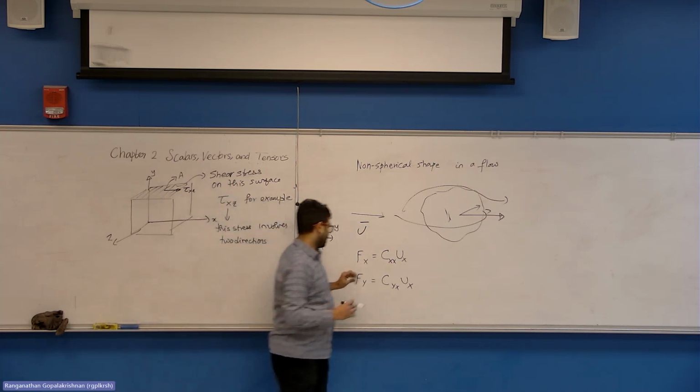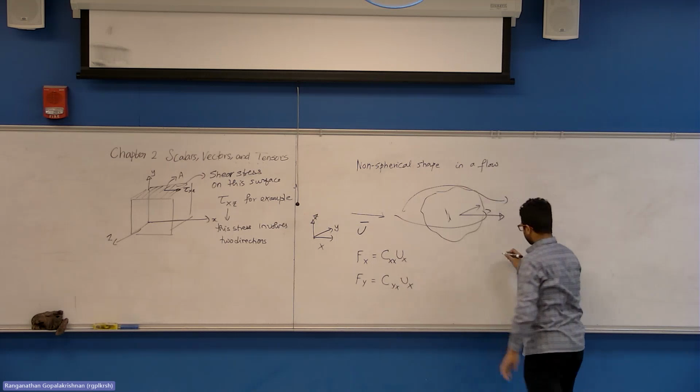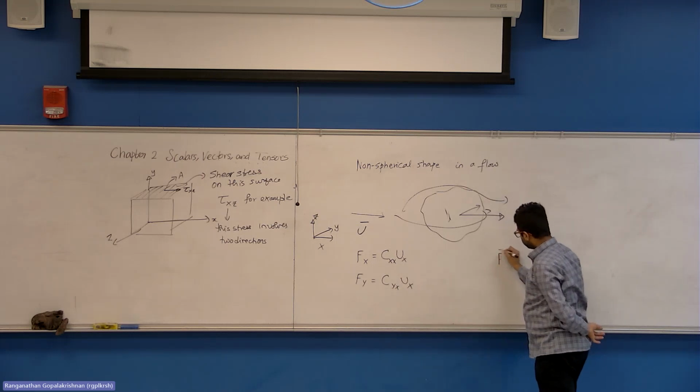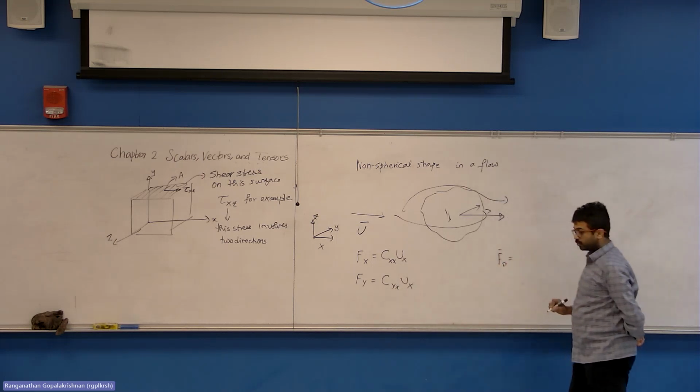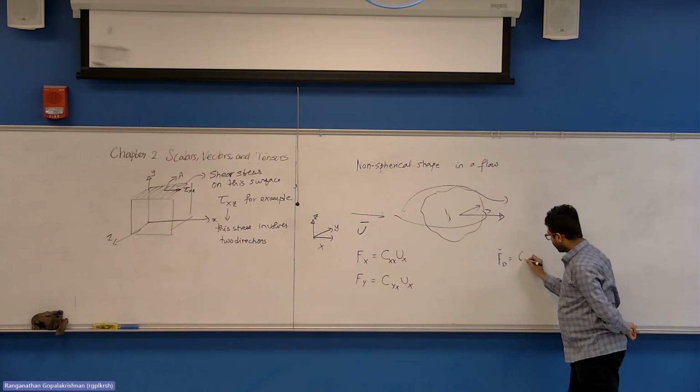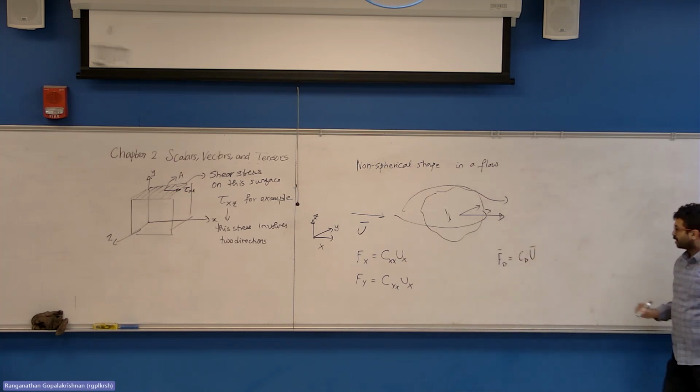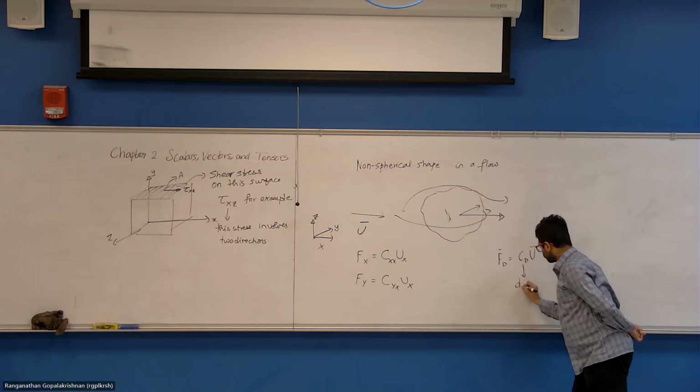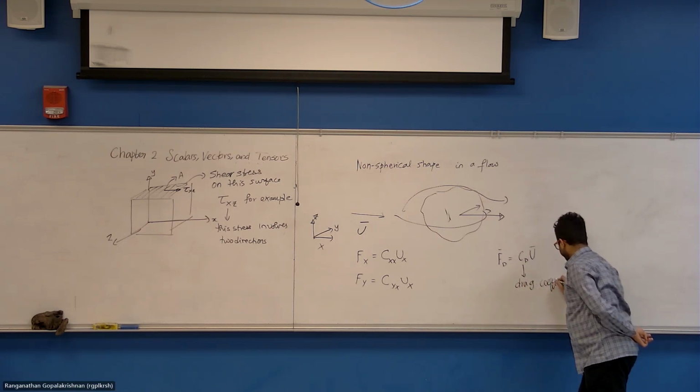So the thing that I'm trying to connect through here is, it is customary to write the drag force equal to a drag coefficient multiplied by a velocity, where this drag coefficient is a scalar.